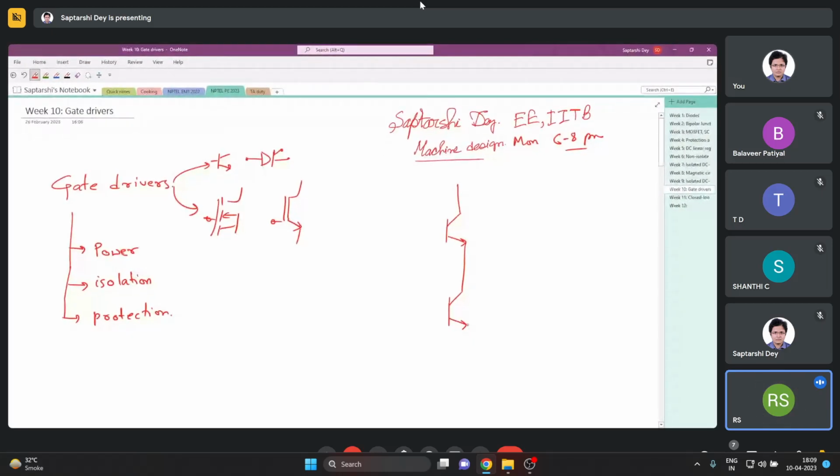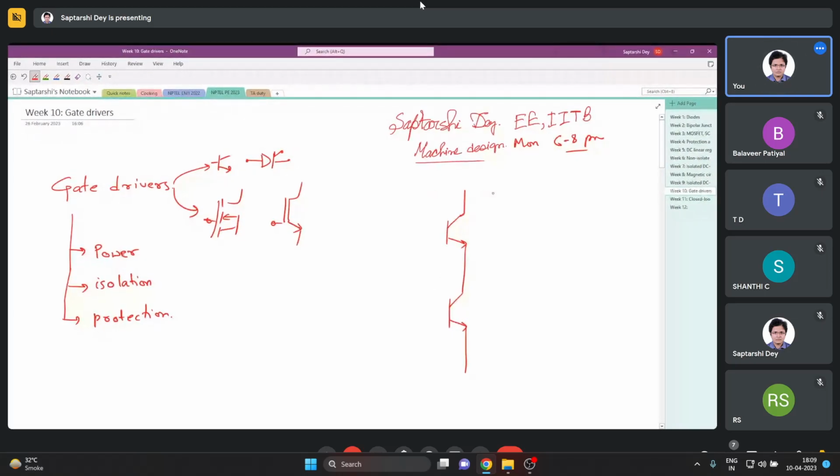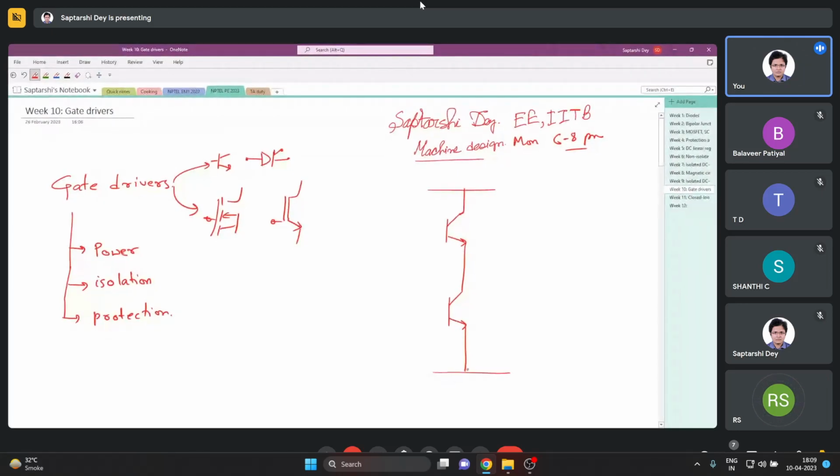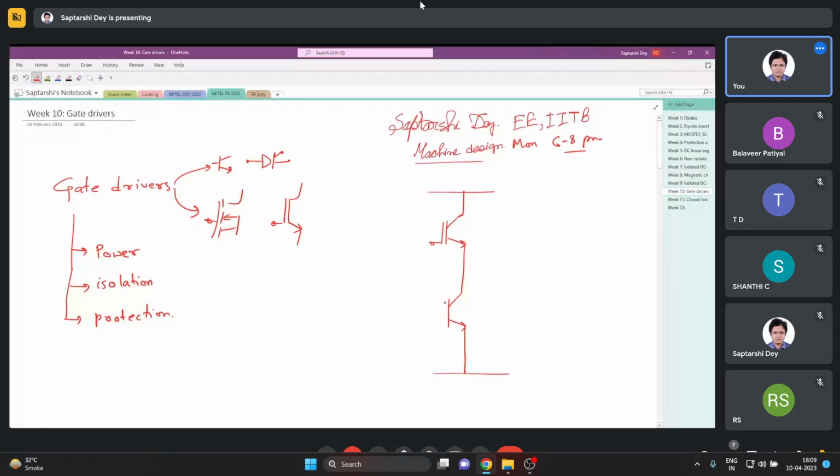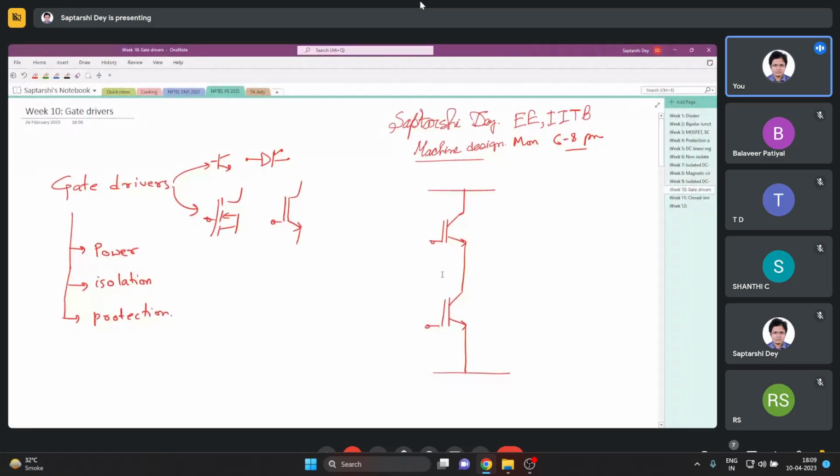Okay. Suppose this is one leg of an inverter. Inverter circuit you all know, I think. So this is one leg of the inverter. Say I'm drawing a BJT or IGBT, whatever. Say I'm drawing an IGBT, like this.